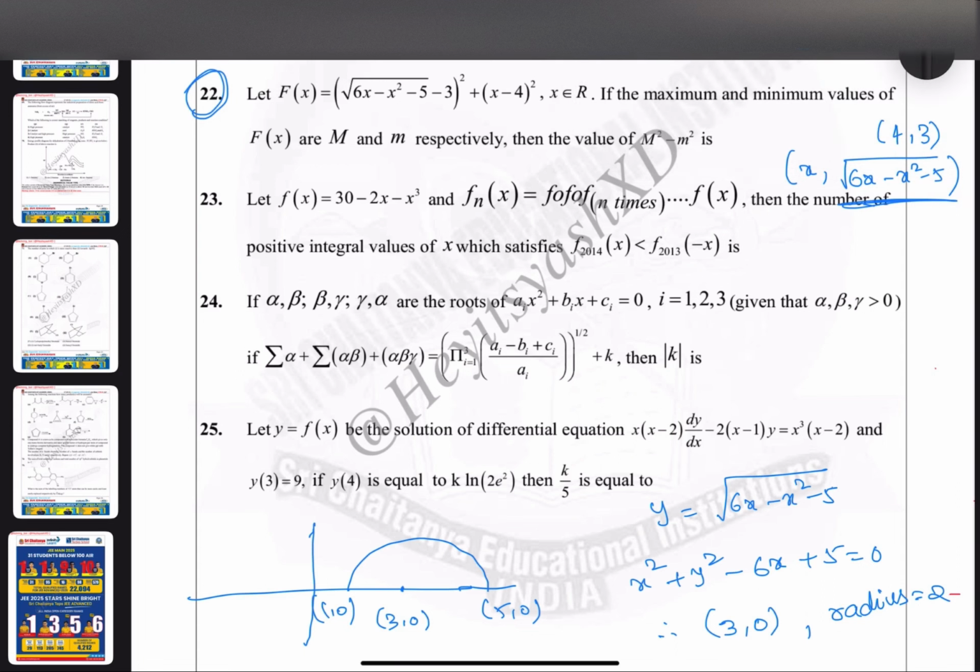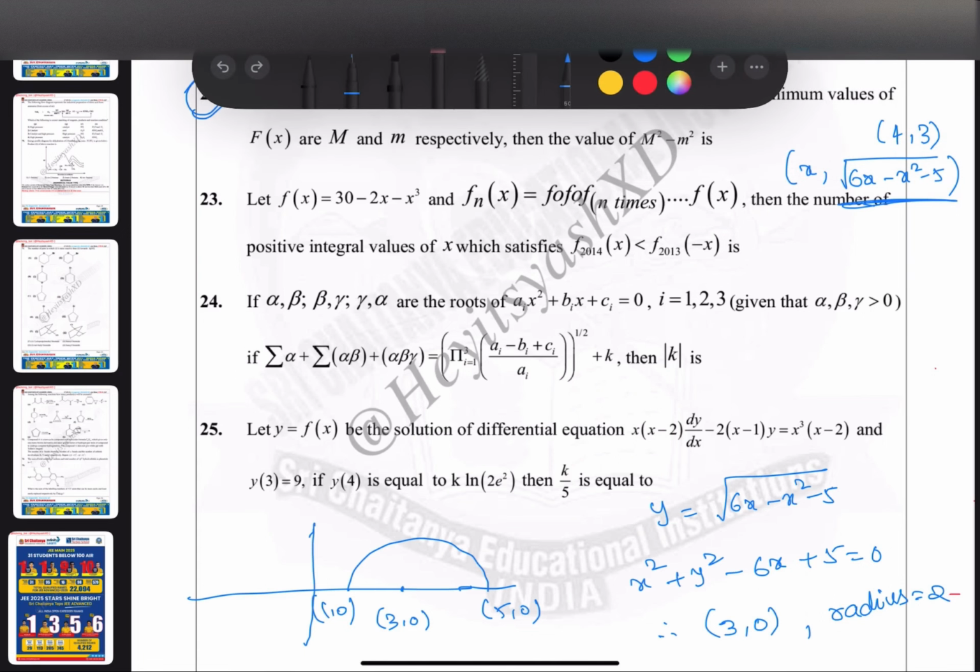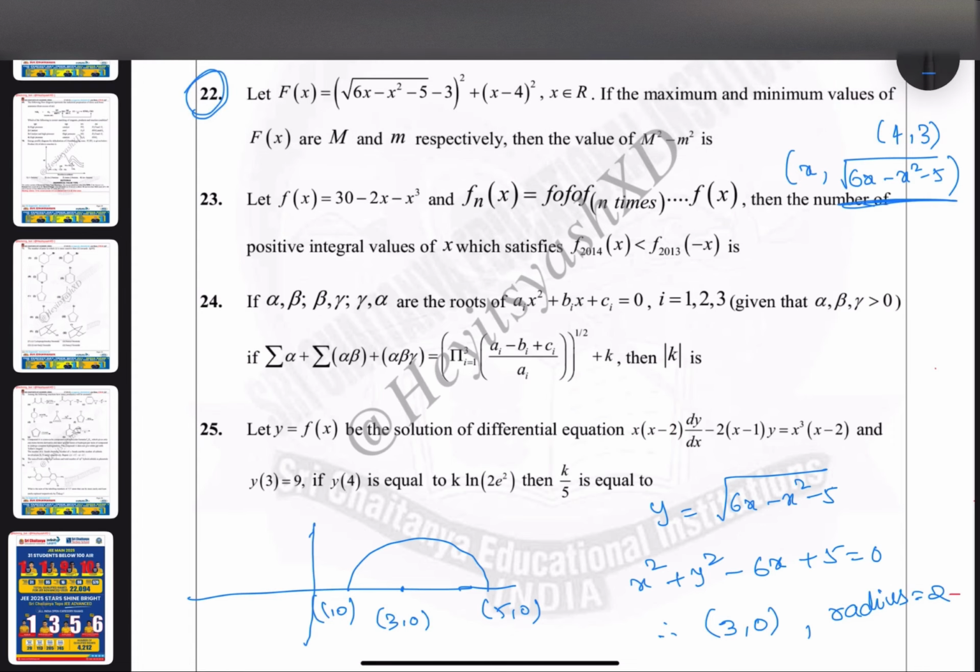But keep it in mind, if only the positive value is given, you have to take only the upper semicircle. But in this question, to get a proper value for your M square minus m square, you have to take both the semicircles, upper and lower. You can try it with only the upper semicircle and see how nasty your answer will be.